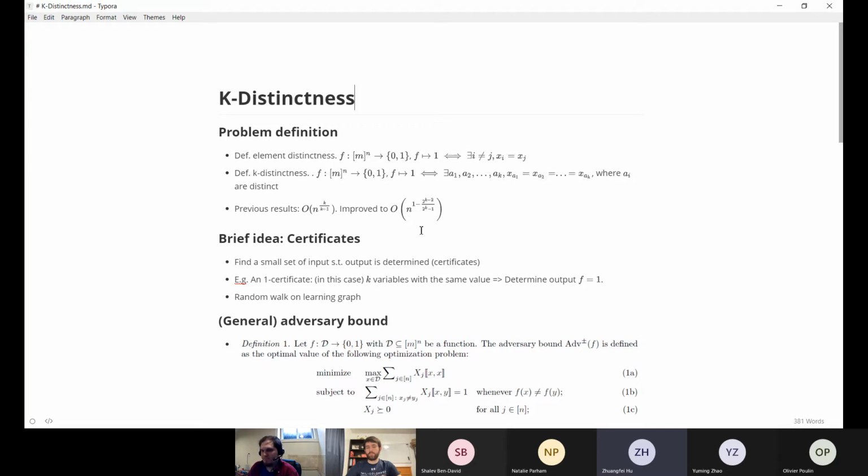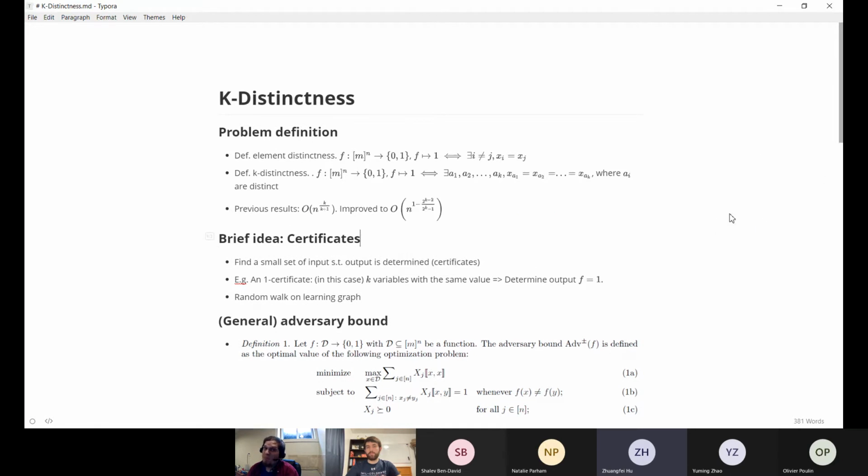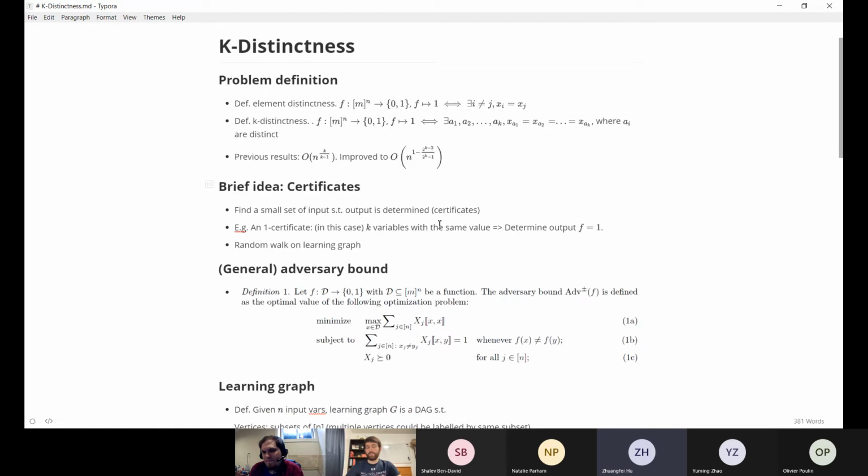In this paper, it improved the previous results from n to the k over k plus 1 to this value. We can see that this value is close to n to the 3 over 4. So this bound is indeed substantially better than this one.